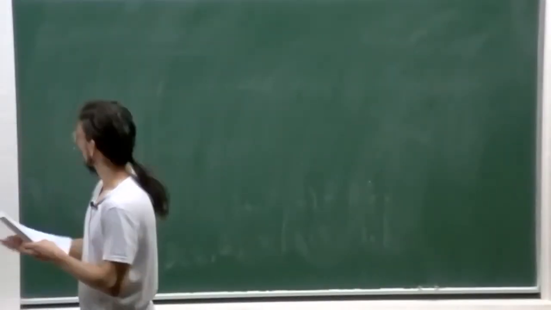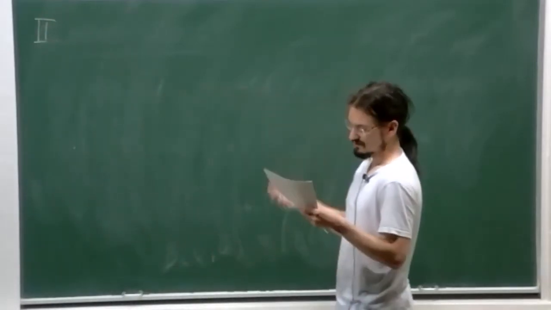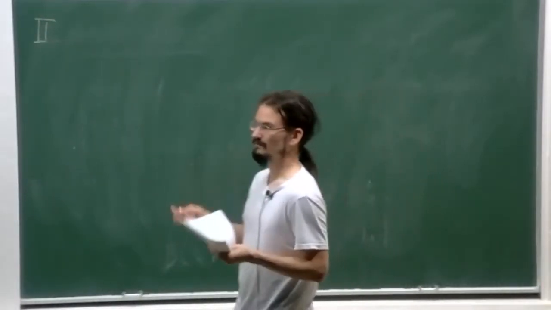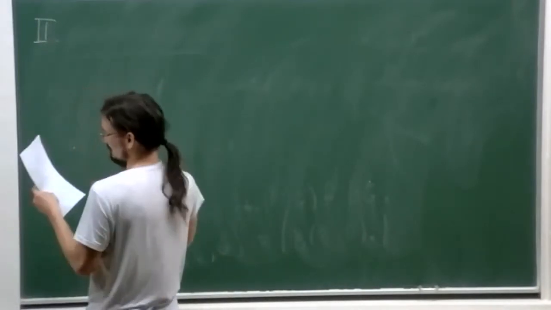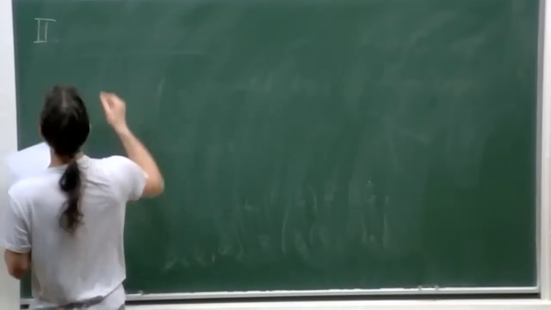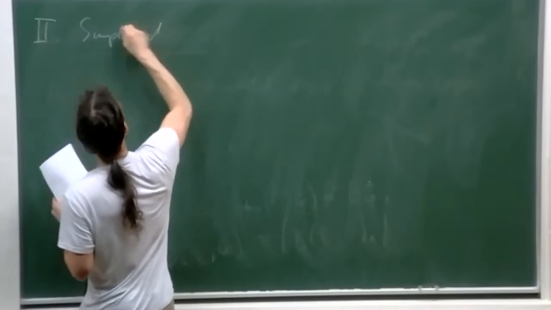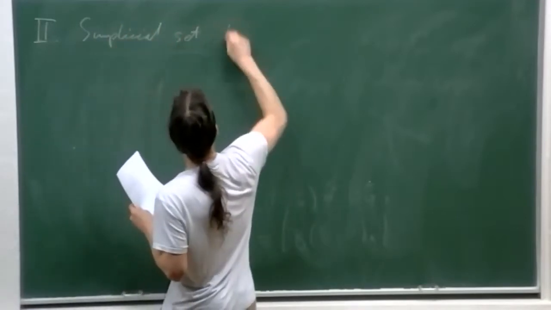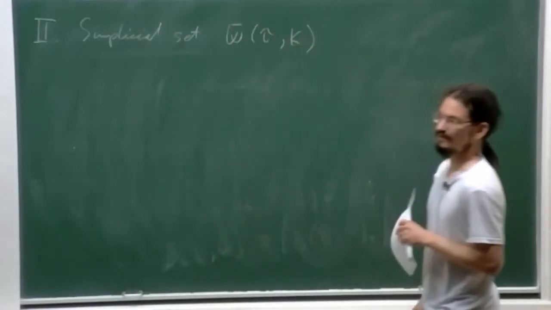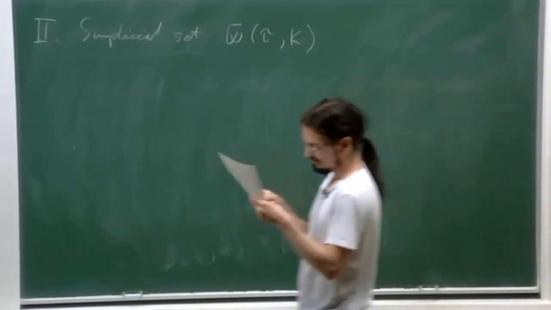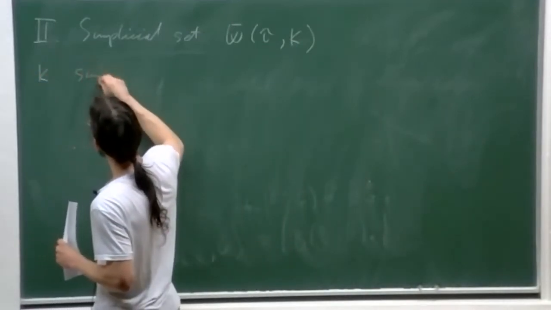So this is going to be part 2, where we're going to talk about the construction of a simplicial set and how much of this property, or a similar property, it still satisfies. So we're going to construct the simplicial set W bar tau K, and then say what it can do.